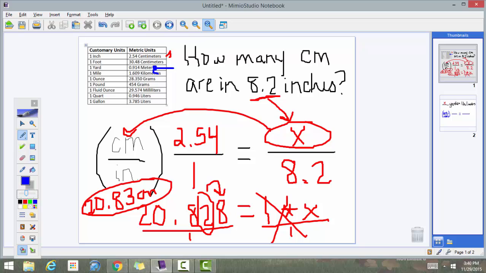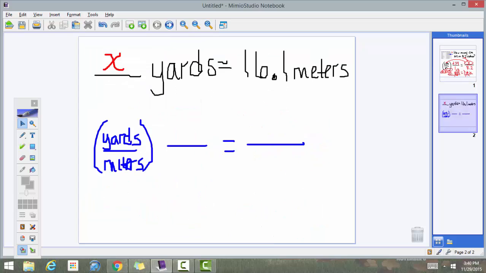So 1 yard is the same as 0.91 meters. That just came from the gift, or that conversion chart, rounded to the nearest hundredth.